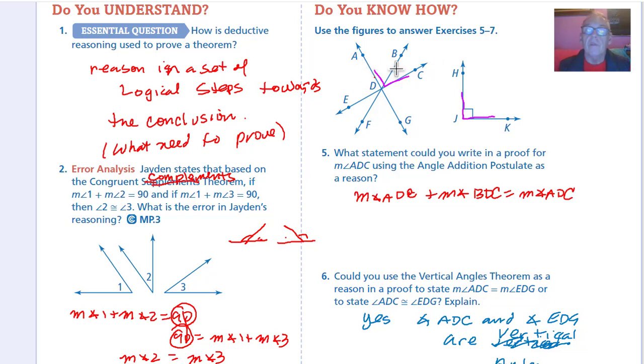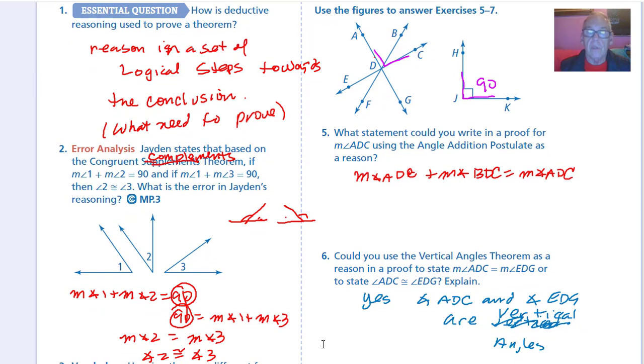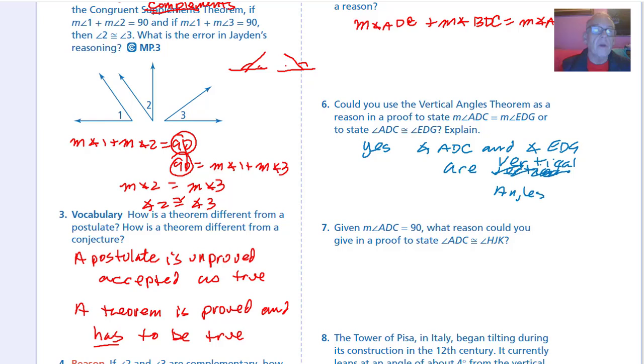Well, if these two angles are 90 degrees, and if HJK is labeled as a right angle, that means it also has a measure of 90 degrees. So since they're both equal to 90 degrees, they're both right angles, and all right angles are congruent. So our reason for this could be right angles are congruent.